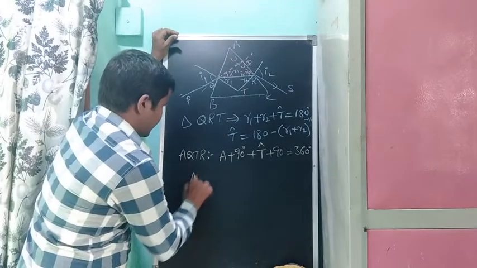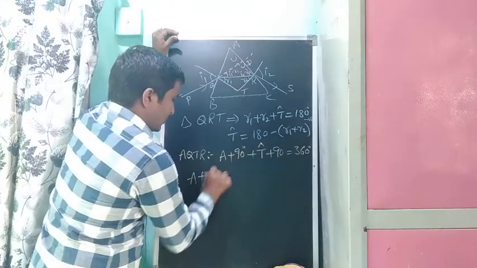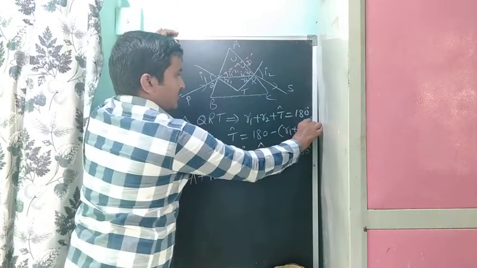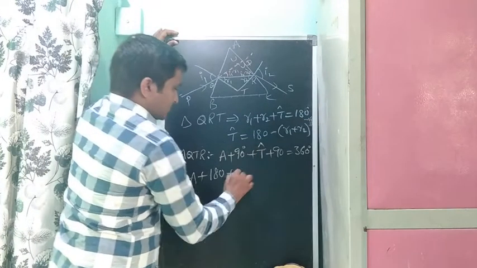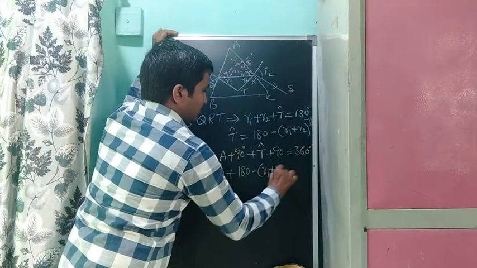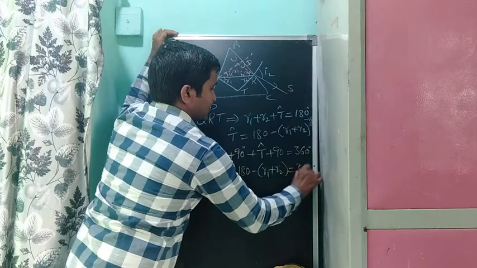From this, A plus 90 plus 90, 180, plus, from equation 1, T is 180 minus (R1 plus R2), equal to 360 degrees.